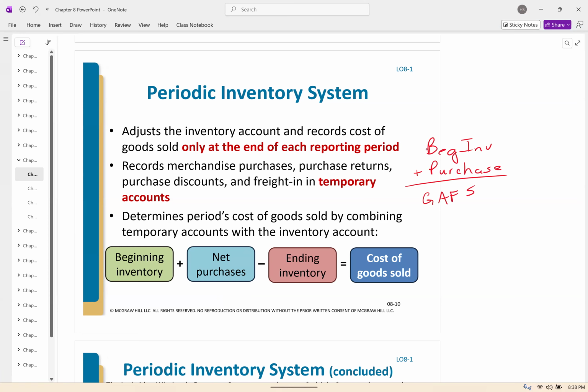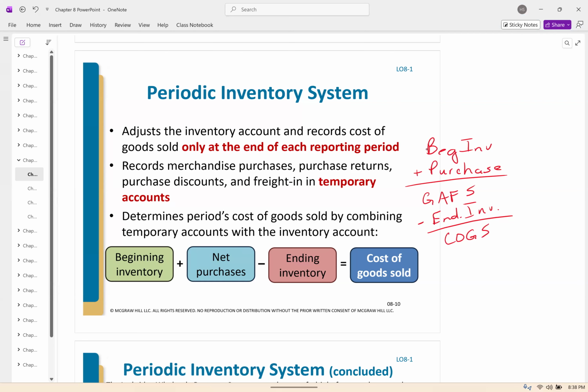Now, we can do this one of two ways. We can subtract the ending inventory and we'll get cost of goods sold, or we could subtract cost of goods sold and get ending inventory. It doesn't really matter which they give us, we can back into the other one, no problem. So that's used in perpetual as well as periodic.